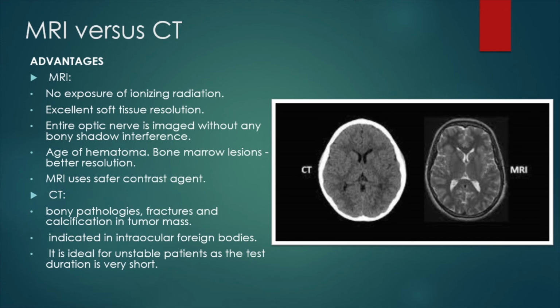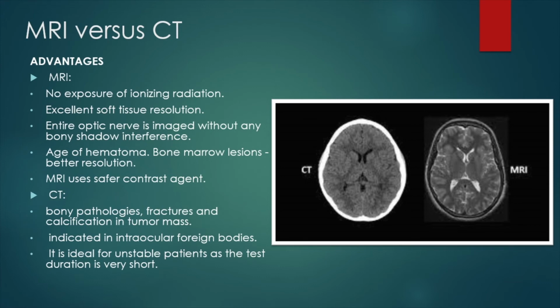The advantages of MRI are that it has no exposure to ionizing radiation and has excellent soft tissue resolution. The entire optic nerve is imaged without any bony shadow interference. Age of hematoma and bone marrow lesions show better resolution, and it uses a safer contrast agent if required.